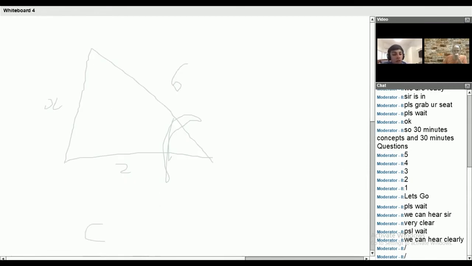So cos theta is equal to 2 upon 6, so 1 by 3.